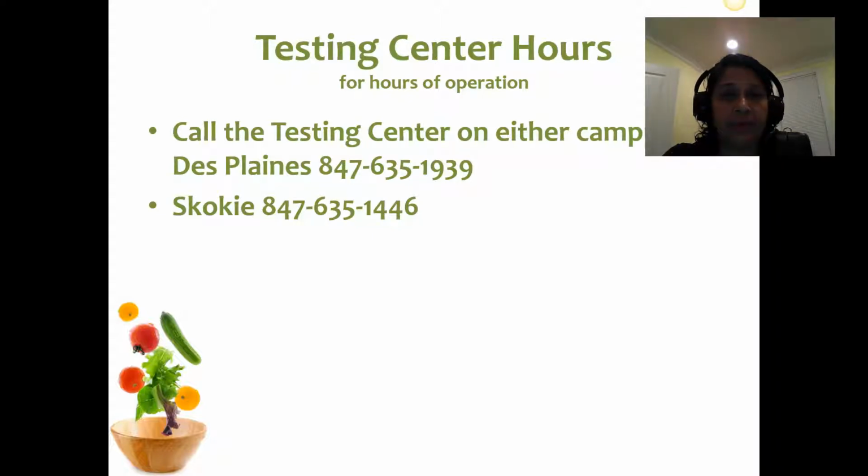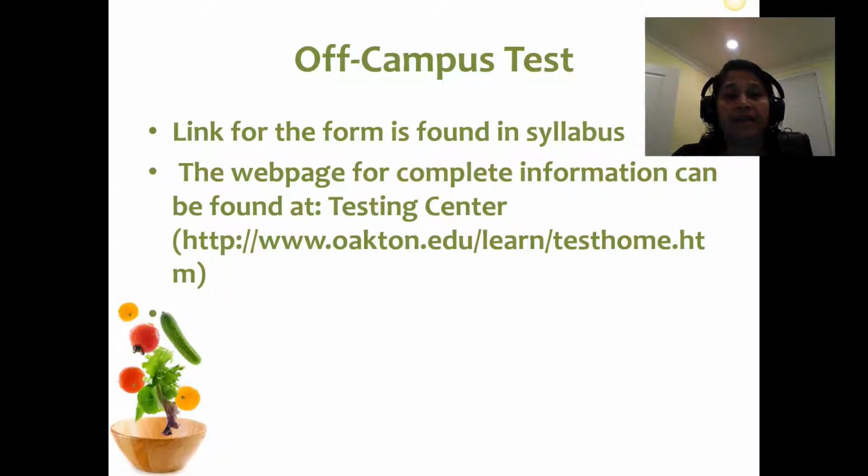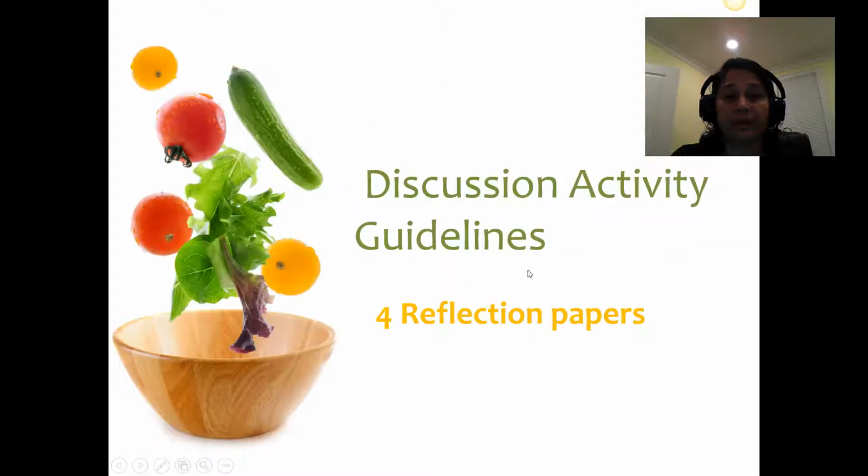You don't have to tell them that you're going in, but you do have to know when to go so that you give yourself plenty of time to take this test. The link for the off-campus testing form is found in the syllabus, and the web page for completing the information for the testing center is found in this particular web link.